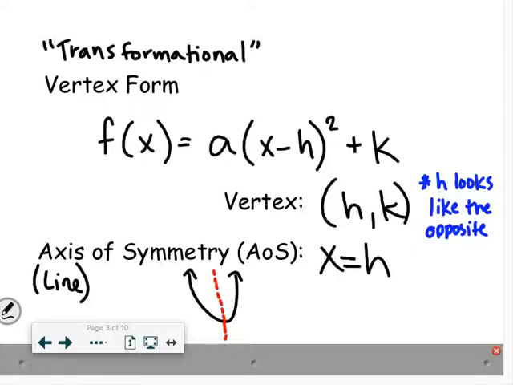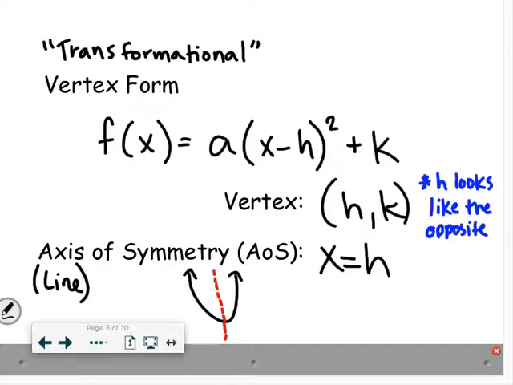Would it be possible to have a parabola that's like sideways? Okay, so there are parabolas that are sideways. They exist. However, we are not studying them right now because we are focused on functions, quadratic functions. And in order to be a function, you have to pass the vertical line test. Well, a parabola on its side is not going to pass the vertical line test.